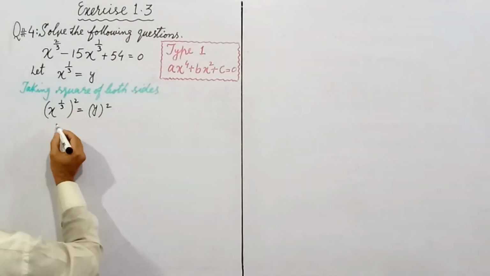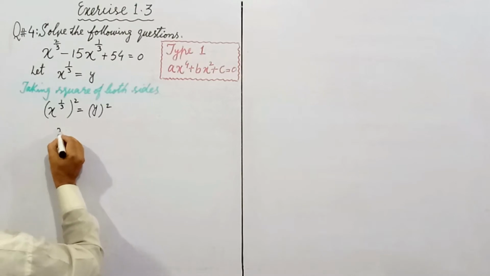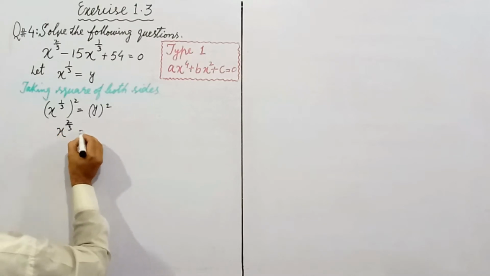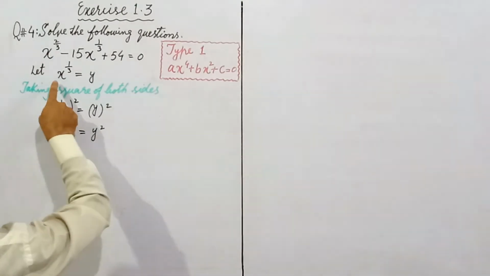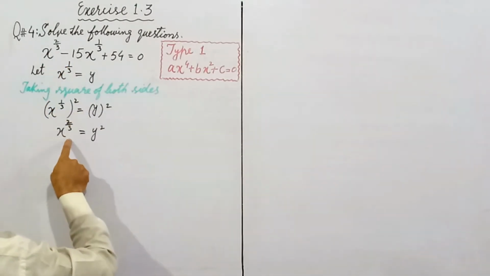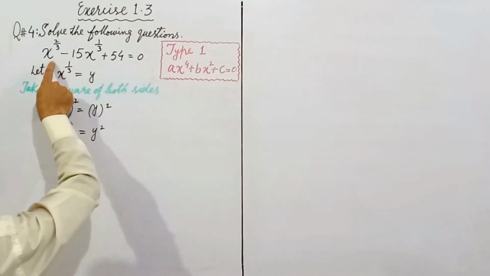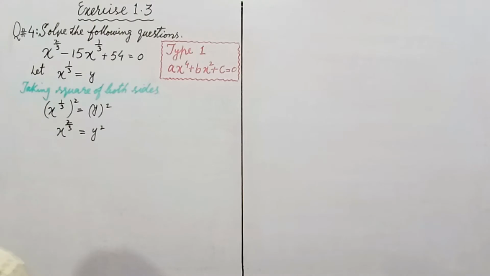Two ones are 2; power is multiplied with power. x raised to power 2 over 3 is equal to y square. Now we have the values of both x raised to power 1 over 3 and x raised to power 2 over 3. So by substituting the values in the given equation, we have a simple quadratic form of the equation.